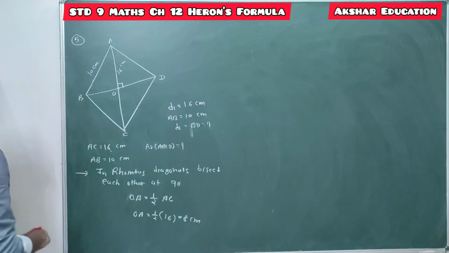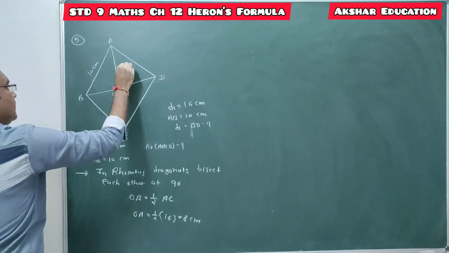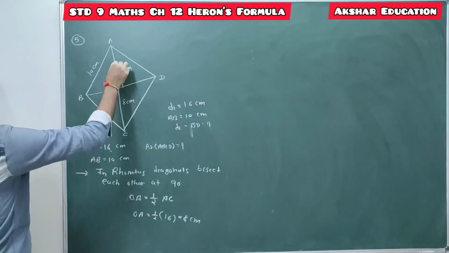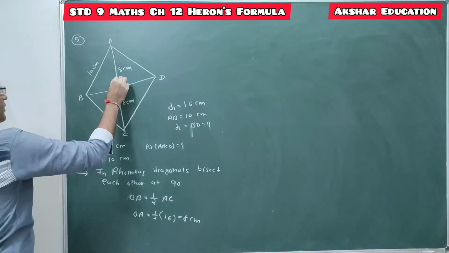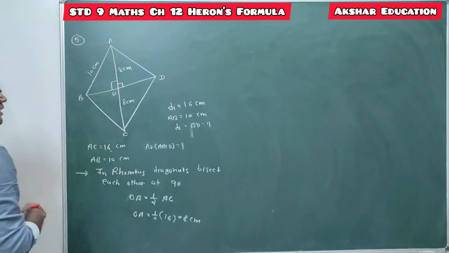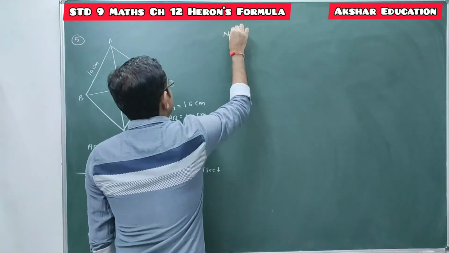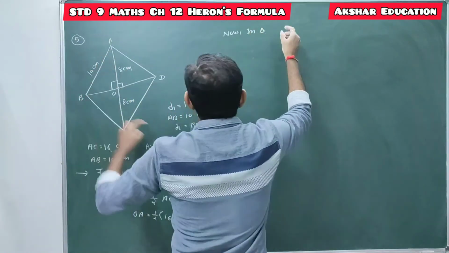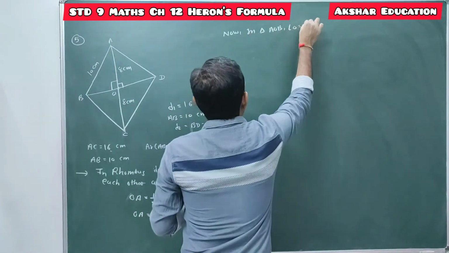Why are we finding this OA? This is the total length, so it is now divided into 8 centimeter and 8 centimeter. So this is 8 centimeter, AB is 10 centimeter, and this is one right angle triangle. We get the length of OB. So now in triangle AOB, angle O is 90 degree.